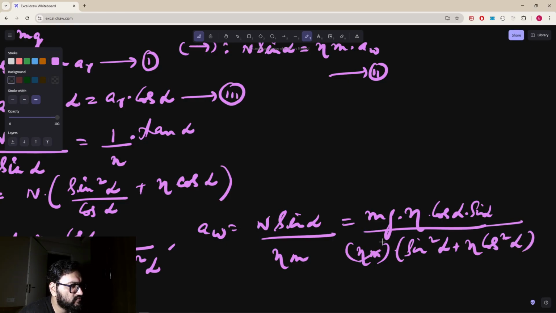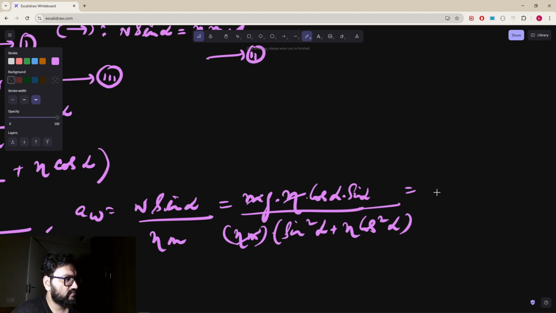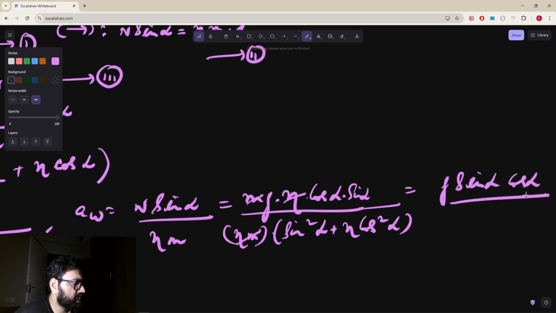Okay, so eta m gets cancelled, so I get the value of AW as g sine alpha into cos of alpha divided by sine square alpha plus eta times cos square alpha.